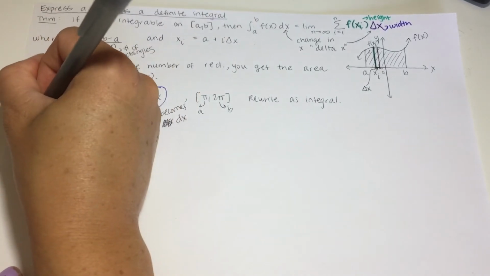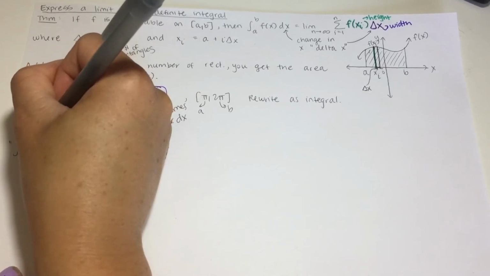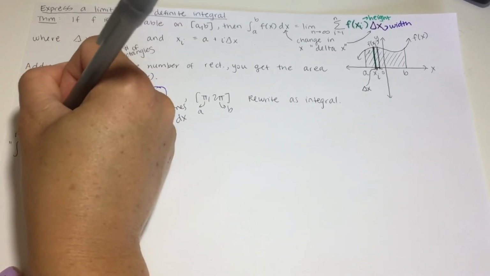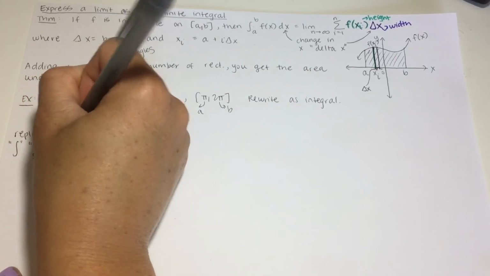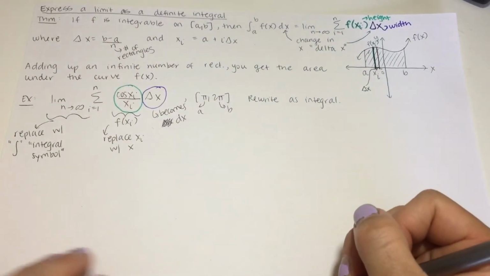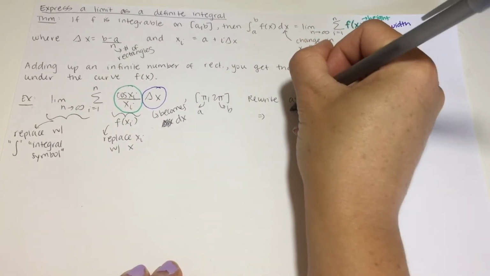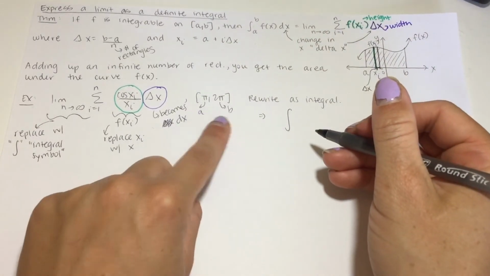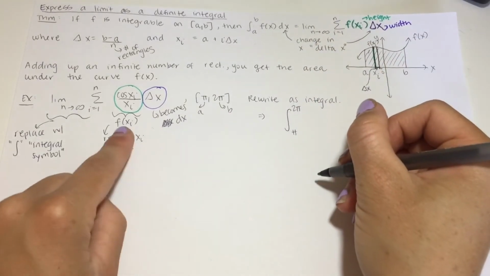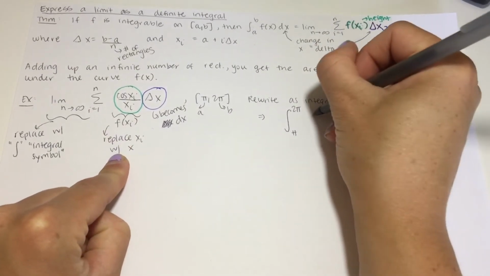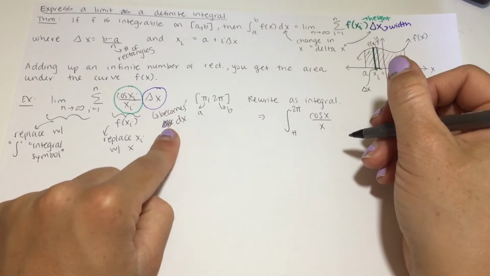And now this first part is going to be converted into the integral symbol, and we'll have our limits of integration from pi to 2 pi, because that is our a and b. So now I have the integral from pi to 2 pi of cosine x over x dx. And that is our final answer.